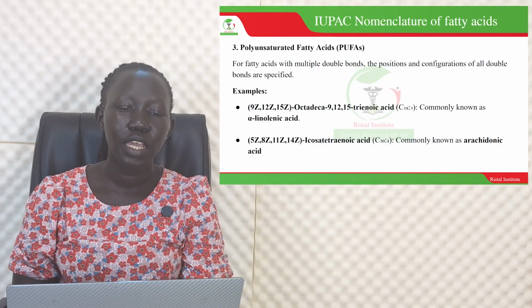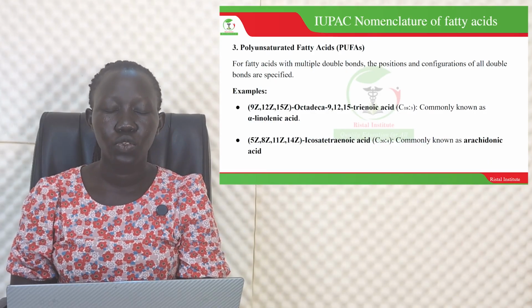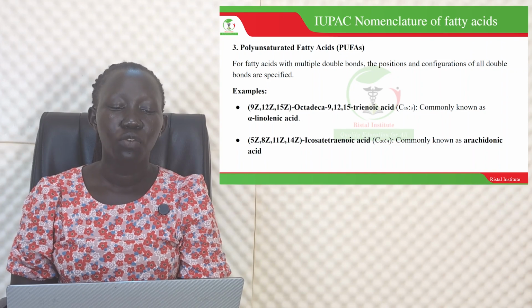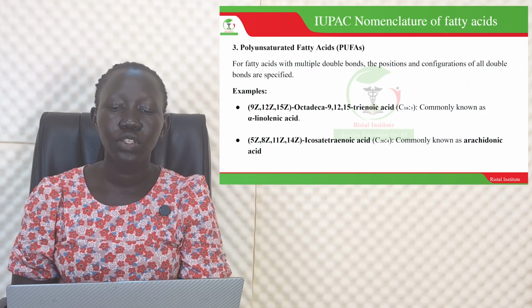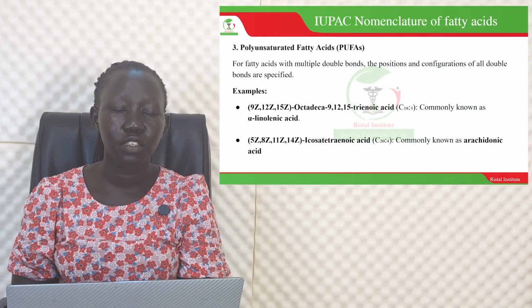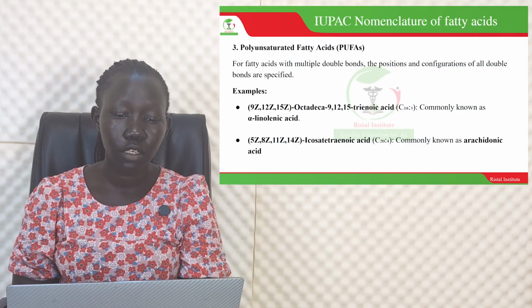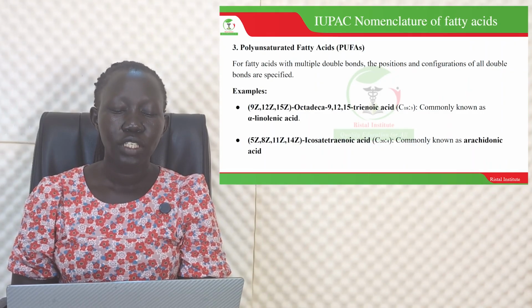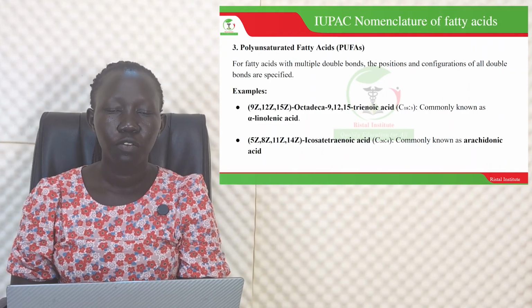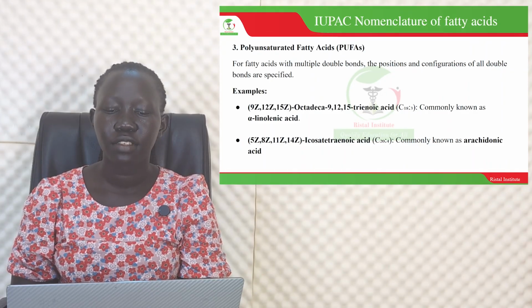We also have the polyunsaturated fatty acids, also denoted as PUFAs. For fatty acids with multiple double bonds, the positions and configurations of all the double bonds are specified. Examples, we have 9Z, 12Z, 15Z, and it is called octadeca-9,12,15-trienoic acid.